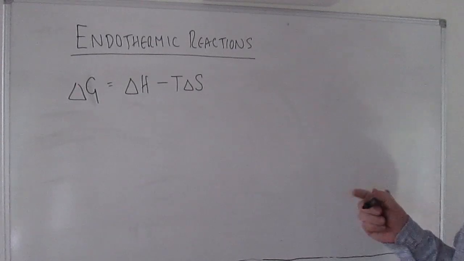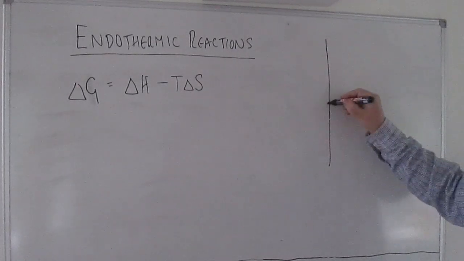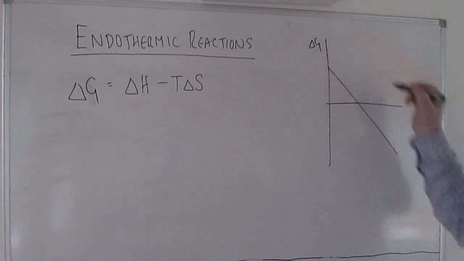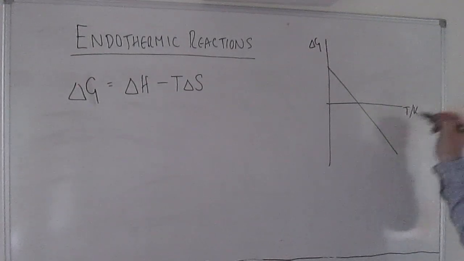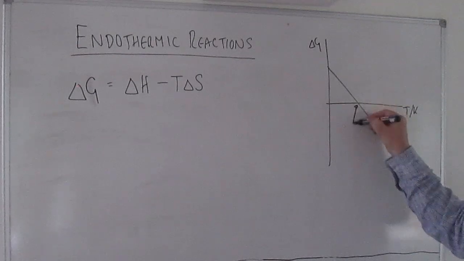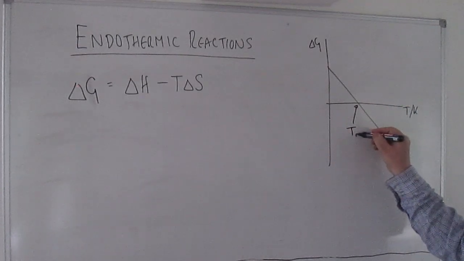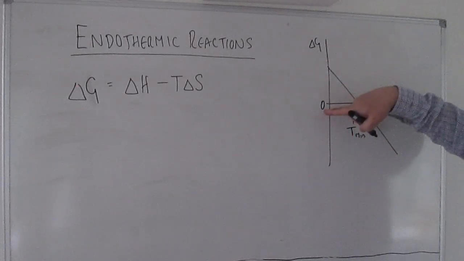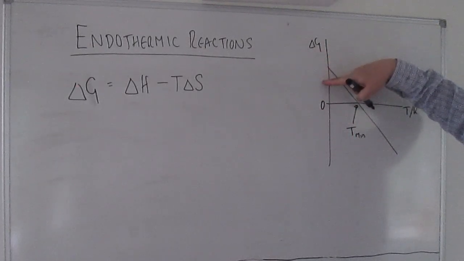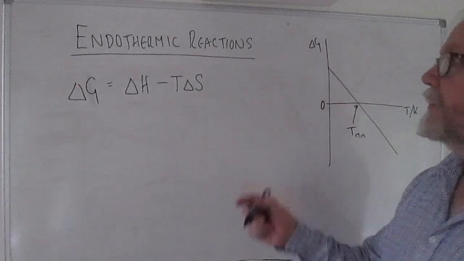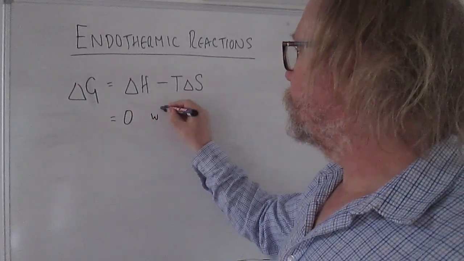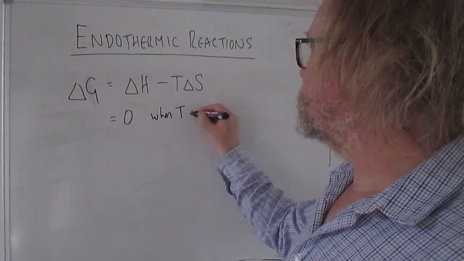What we can see from that graph, remember it looked like this, that if this was delta G and T in Kelvin, this was the value of T minimum is what we want to find. And the point is that at that temperature delta G is 0, because it's just going from being positive to being negative. So what we can say is that that equals 0 when T is equal to T min.